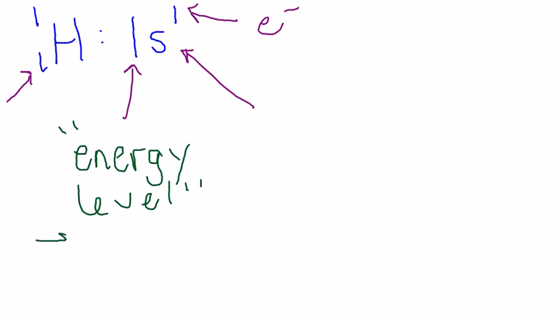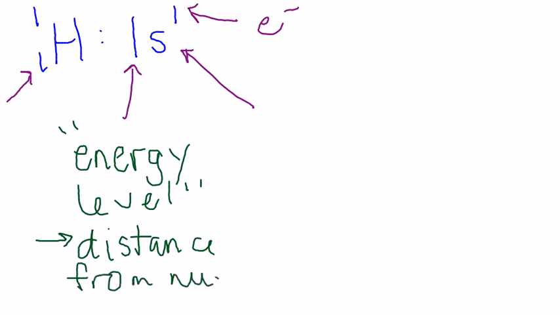You could also make the statement that it gives you a rough sense of the distance from the nucleus that the electron is flying around in. Think about it for a sec. If it's really low energy, it's not going to be able to range far from the nucleus. The electromagnetism is going to pull it back. So low energy, lower distance from the nucleus. It's closer to the nucleus.